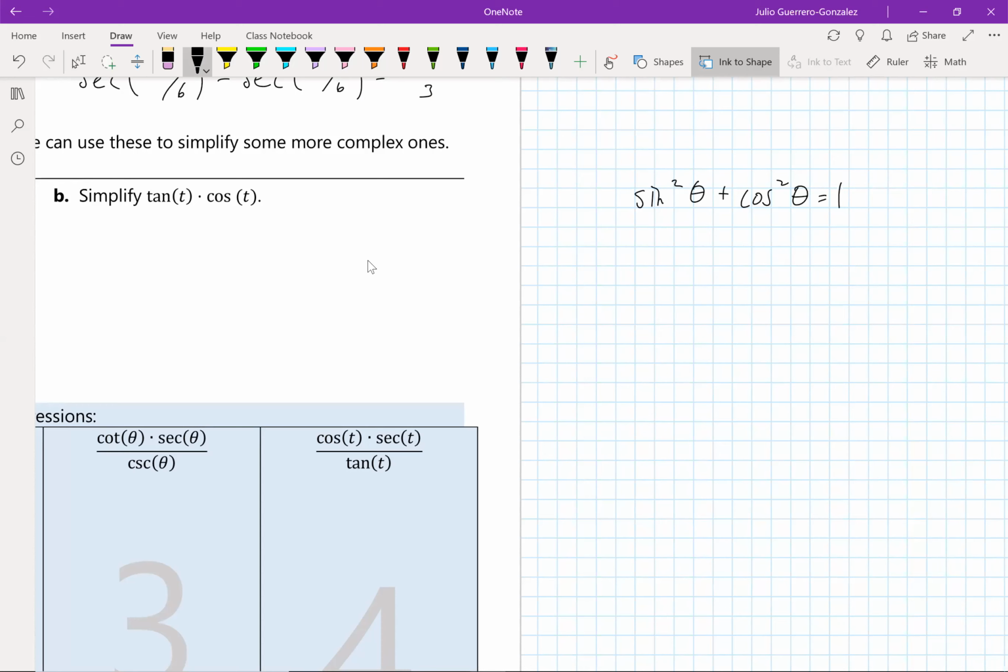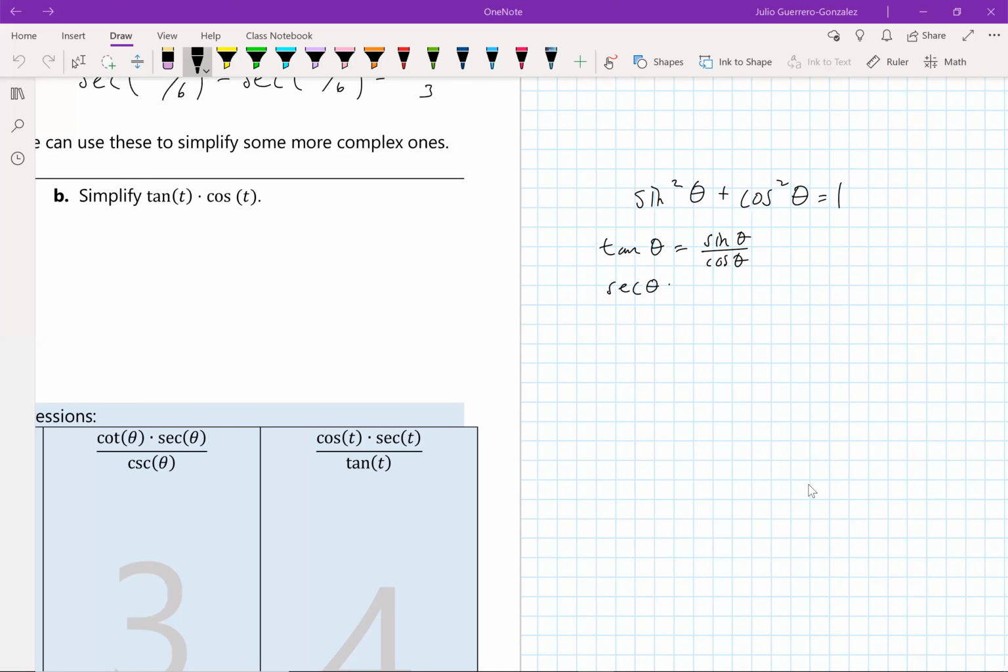As well as the other ones we introduced at the beginning of this section. For example, tangent of any angle theta is equal to sine of that angle divided by cosine of that angle. We know secant of an angle is 1 over cosine of an angle, and so on. You can use any one of those.